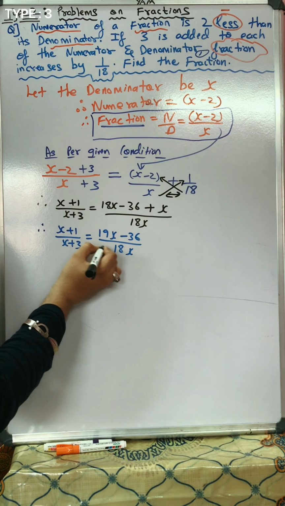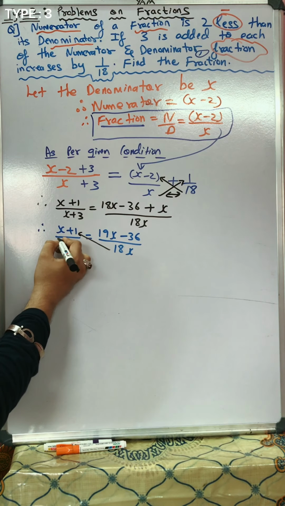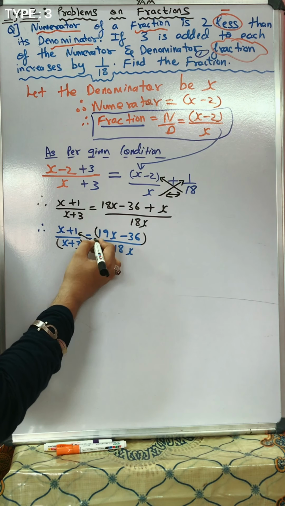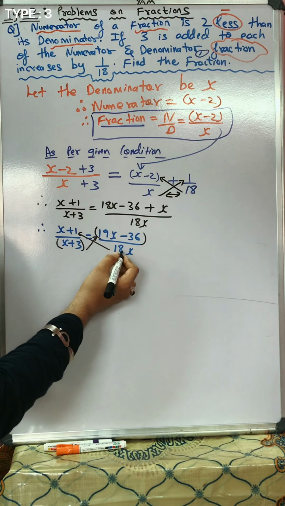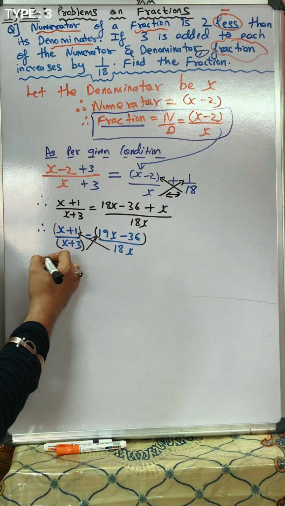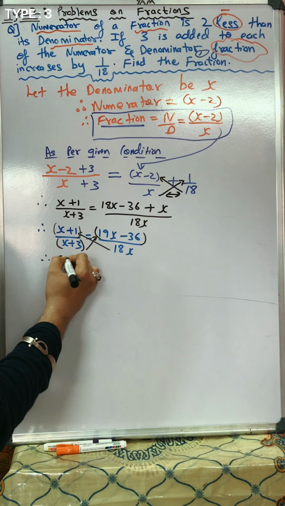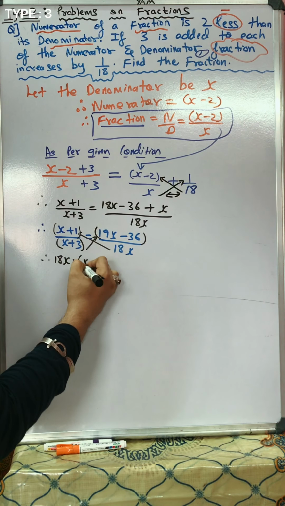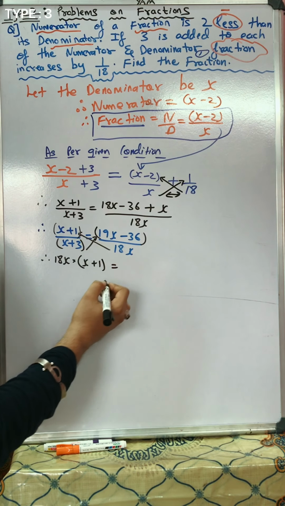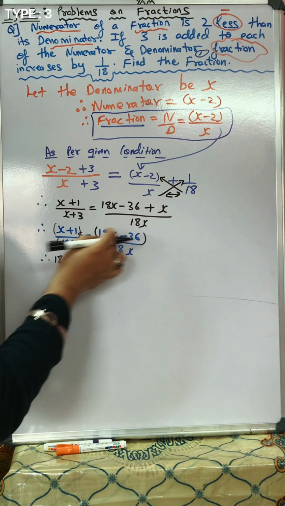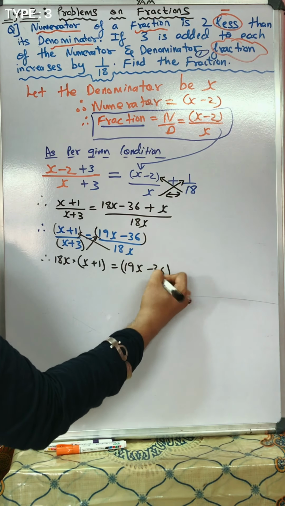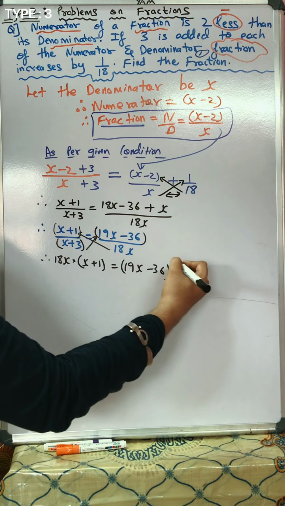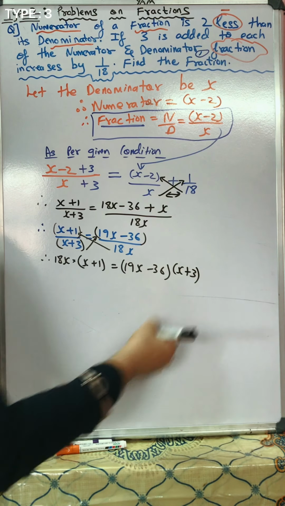This 18x will go up with the x plus 1, and this x plus 3 will be multiplied with the entire bracket of 19x minus 36. So 18x multiplied with x plus 1 is equal to 19x minus 36 multiplied with x plus 3.